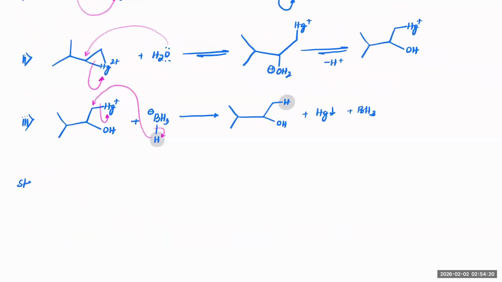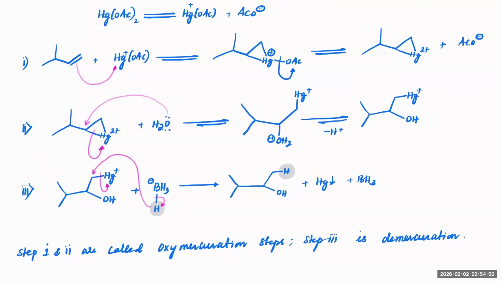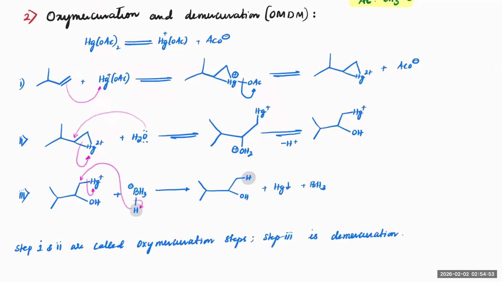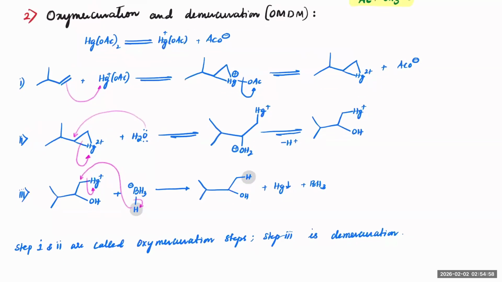Steps one and two are called oxymercuration steps, where mercuration is happening, while step three is called demercuration step. Please notice this, everybody.